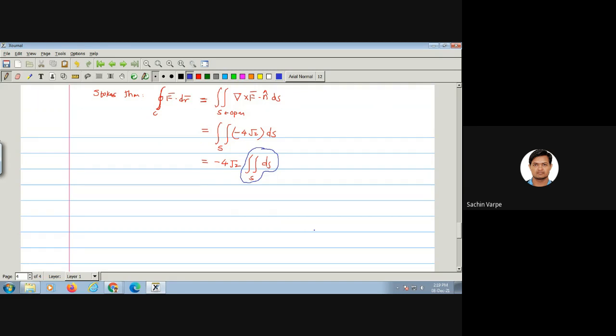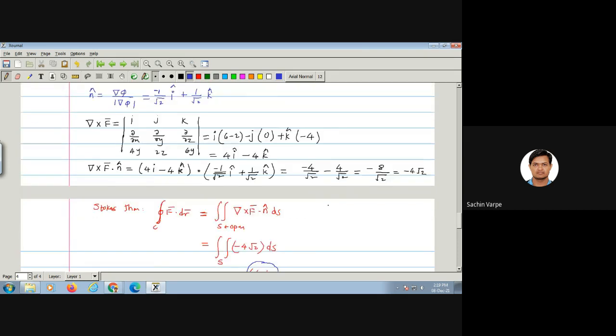Suppose ds is dx dy, then what is double integration of dx dy? Area. Area of S. So minus 4 root 2 into area of surface S.